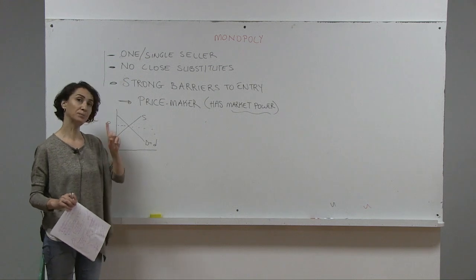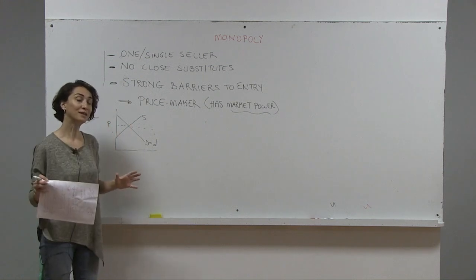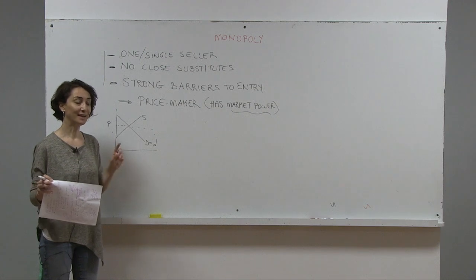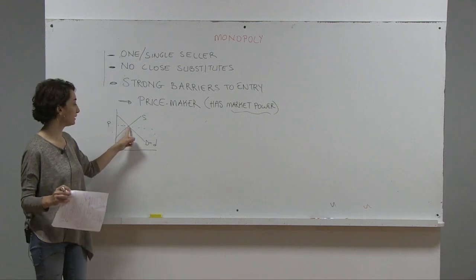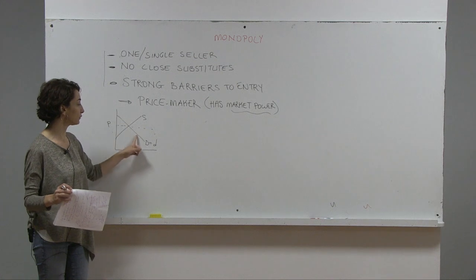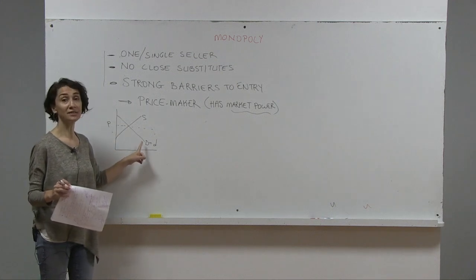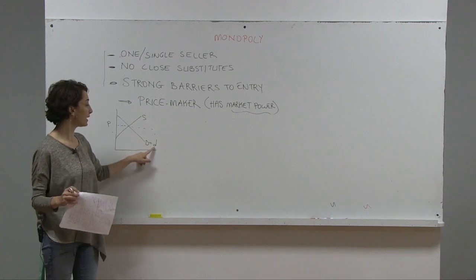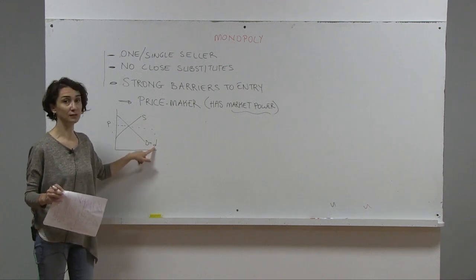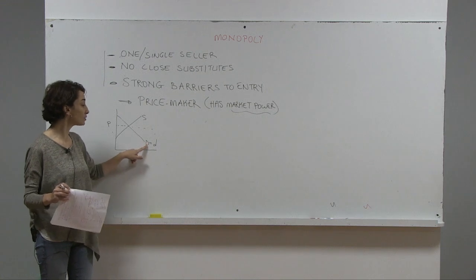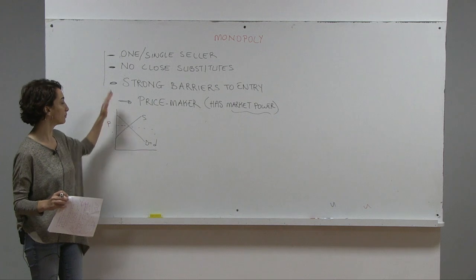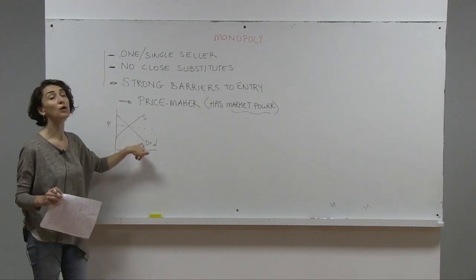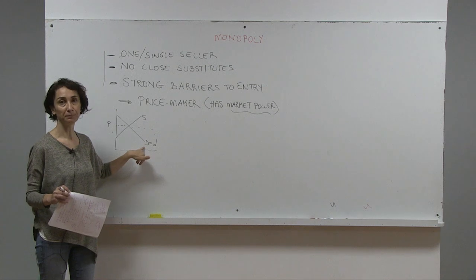So these 1,000 tomato producers come together and establish a company. Then that single company has a single management body, a single organization. That company will be faced by this demand for tomatoes because they are now a single company. So the demand curve faced by this single firm is the same as the demand curve that we represent in the market. So when we are talking about a monopoly, this is the demand curve faced by the firm.